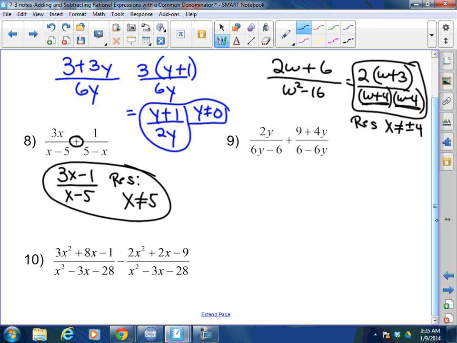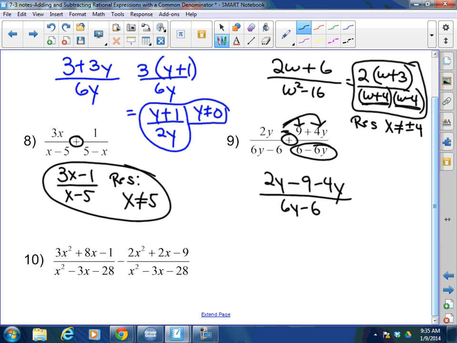Thank you, my man. So I got to factor out a negative from here. What's that going to make this positive? A negative. So it's 2y minus 9 minus 4y. Please remember that has to be distributed over 6y minus 6. Great job, kid. So this is negative 2y minus 9 over 6y minus 6.